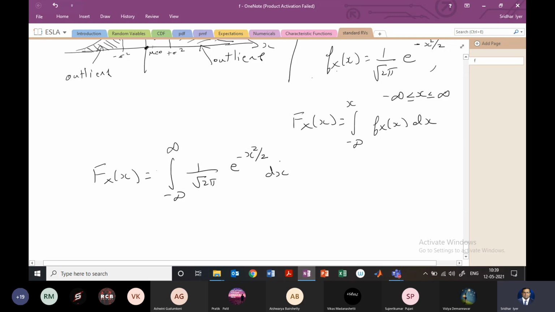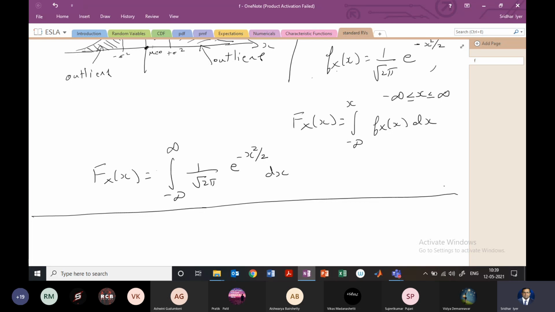Okay, so I'm not doing the derivation like I said before, but I can always derive and send you the derivation. But what is important for us is to use this in solving the numerical values.